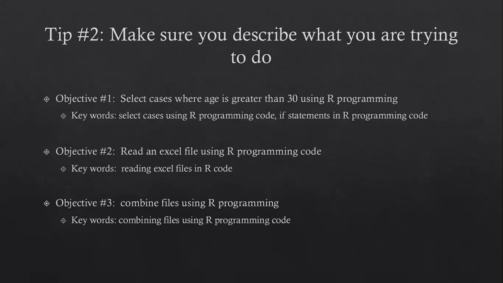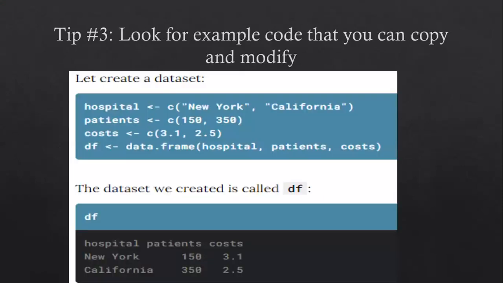Sometimes you'd be surprised that people make articles that actually mirror what you're looking for. And so if you just use your plain words and include R programming code in the search, it may give you exactly what you're looking for.